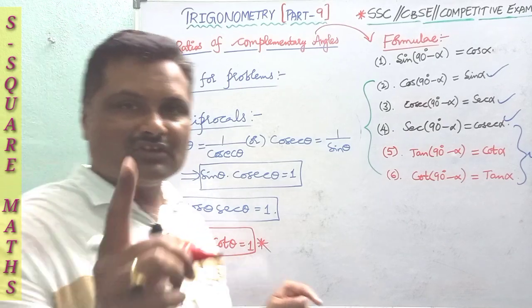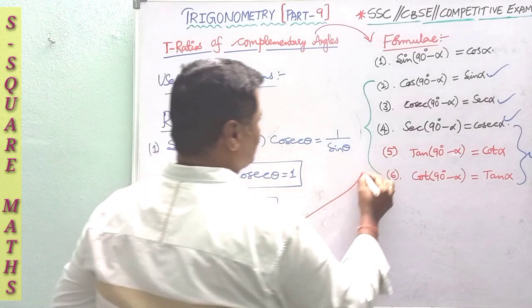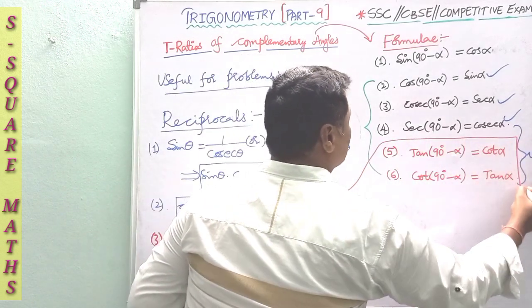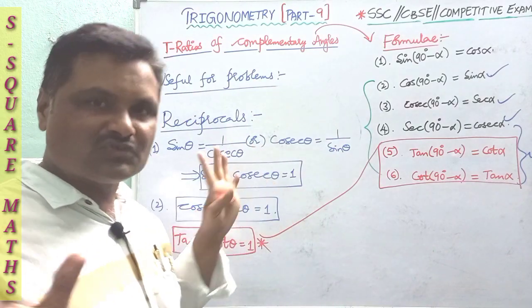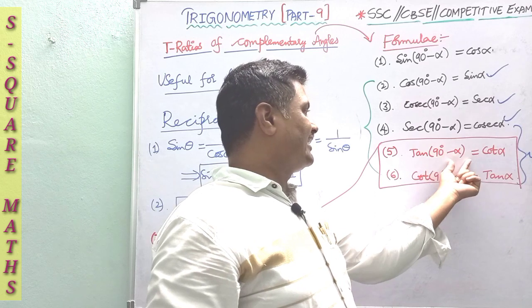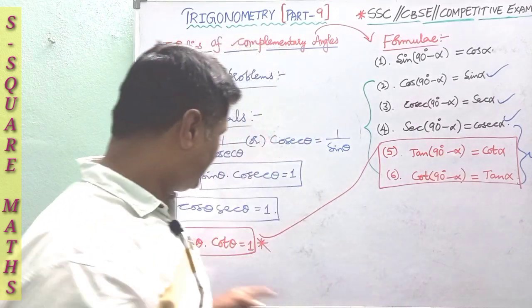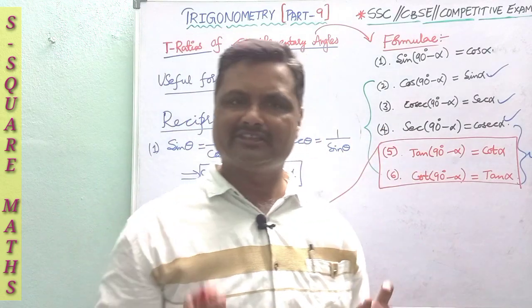If you observe very carefully here, this and this play an important role. Don't get confused. First of all, see here, tan and cot are reciprocals of each other and they are complements of each other. That is a common thing.